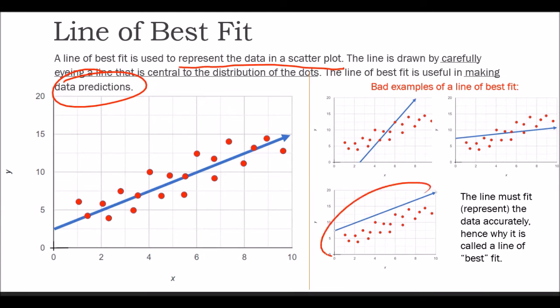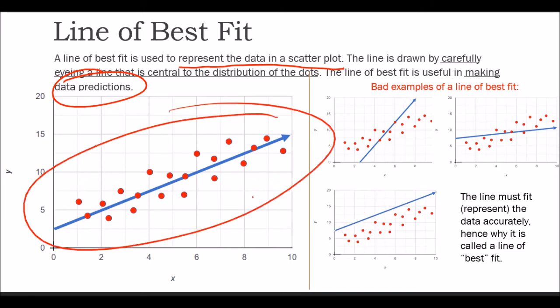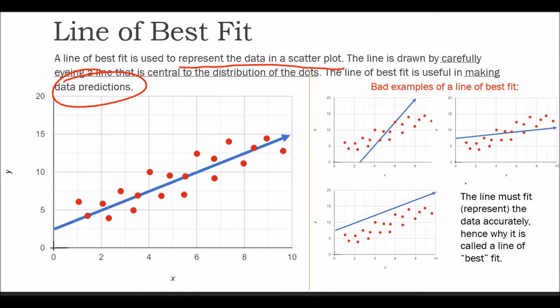Regan, why is this a bad line? Have a think. Compare it. This is going through the dots. What about this one? It's a bit too high, isn't it? Yes, it's not going through the dots, so that's a bad line of best fit. You've got to make sure your line goes through the data like that. That's a good line of best fit. That's why it's called best fit.